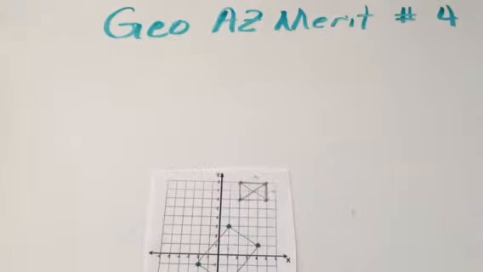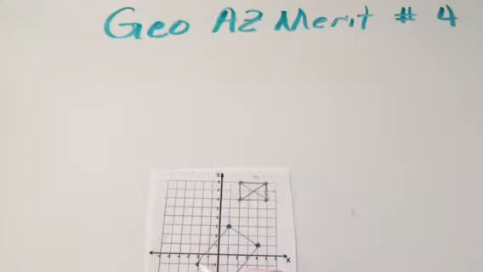So right now, we can look at letter C, and it says, since the diagonals of quadrilateral RSTU are congruent, it is a rectangle. Well, we have to now see if these are the same.